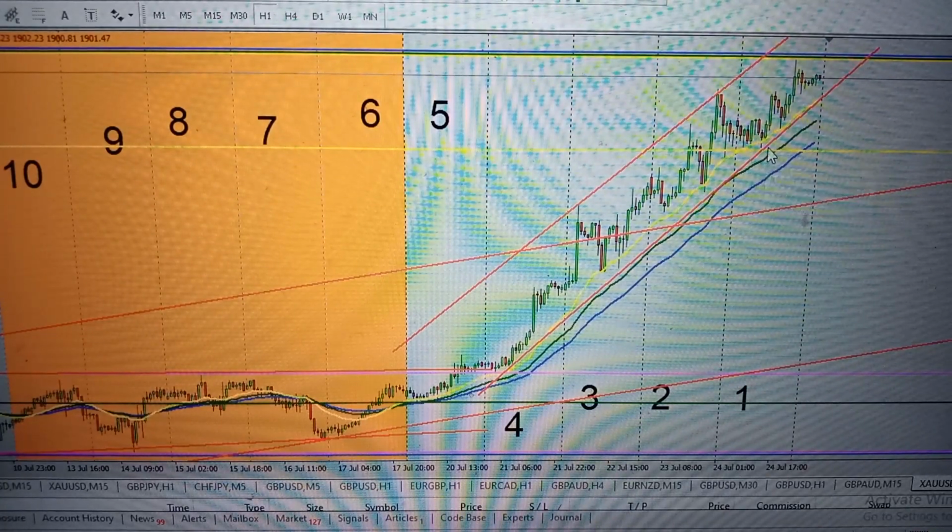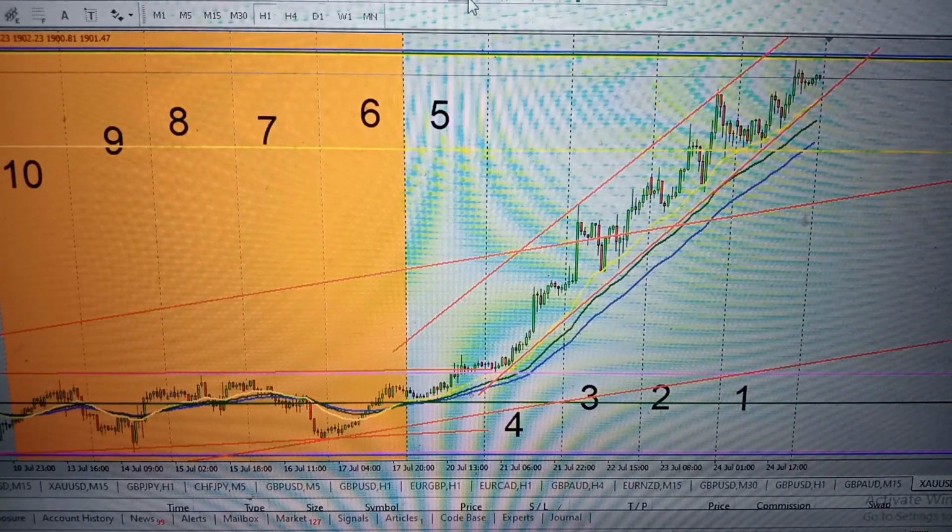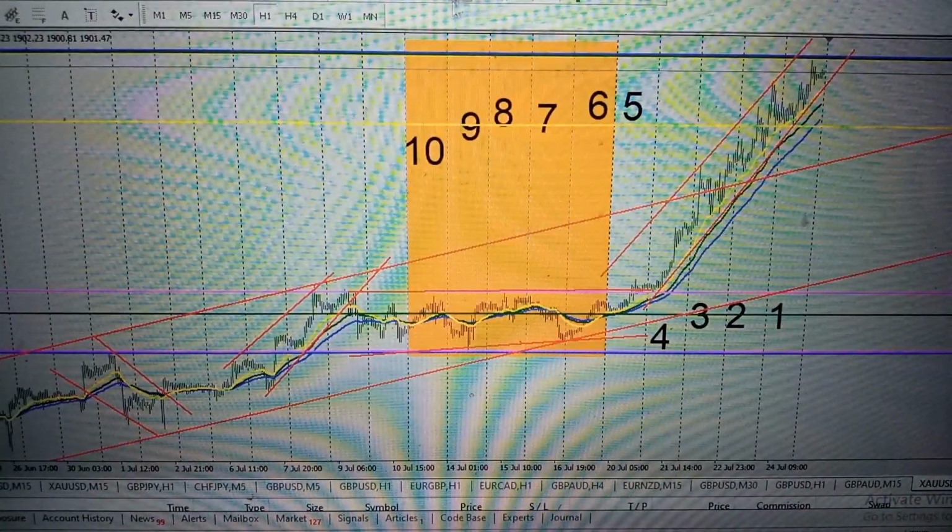But for now, I personally expect a minor retracement for price to come to somewhere around the previous day low here before price continues its direction upwards. So that is that for this strategy.